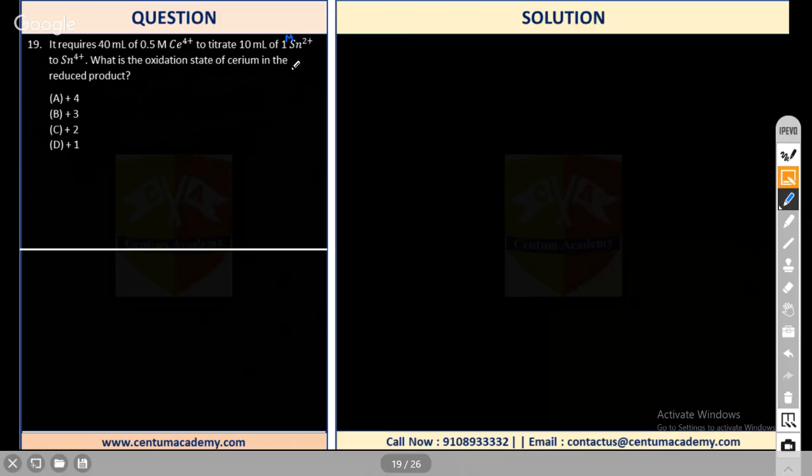Now you see, this Sn plus 2 releases 2 electrons and goes into Sn plus 4. Right? So for this, the N factor is nothing but 2. And for cerium, we do not know the N factor.